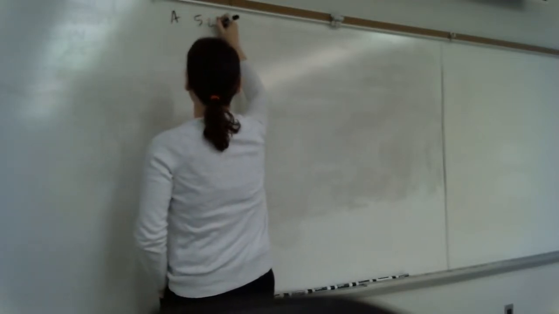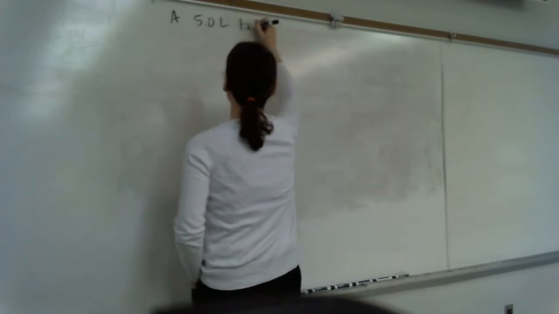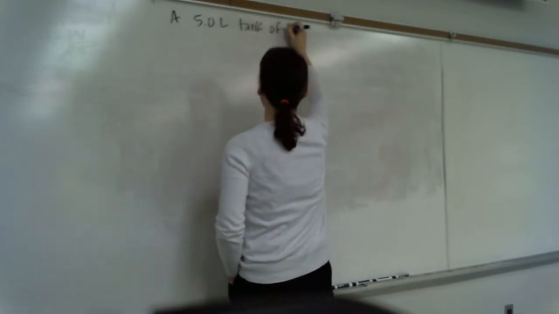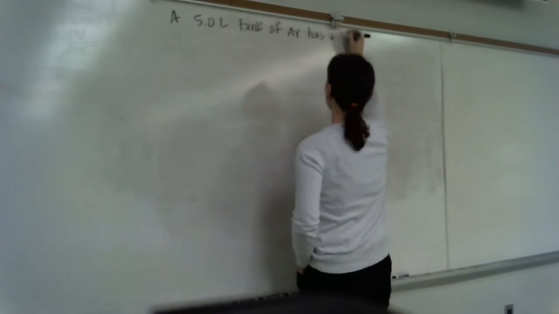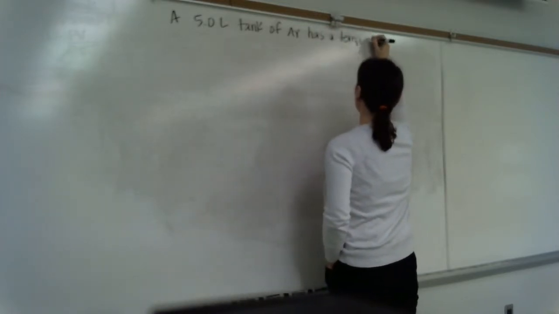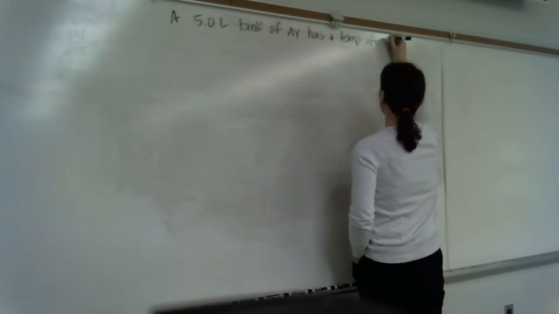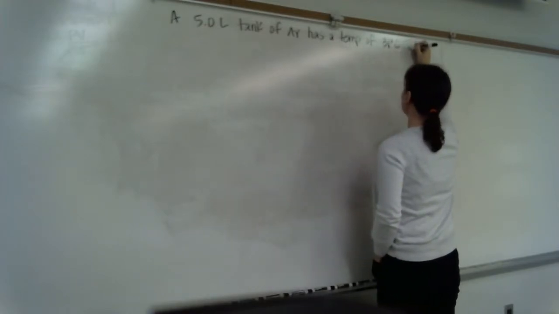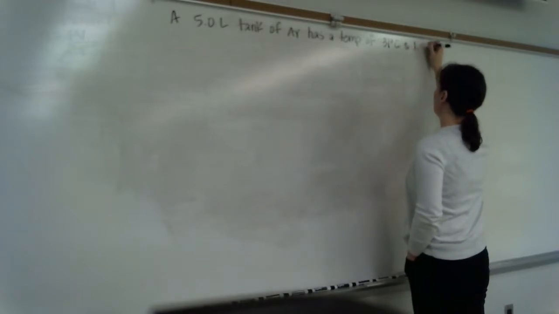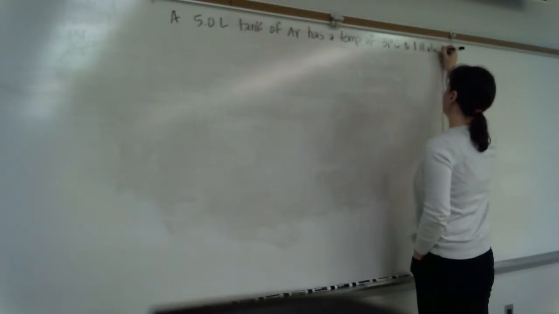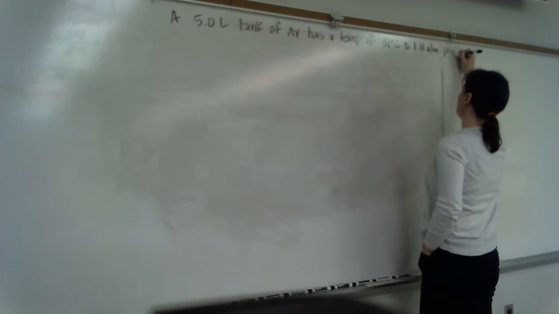A 5.0 liter tank of argon has a temp of 31 degrees Celsius and 1.11 atm pressure.